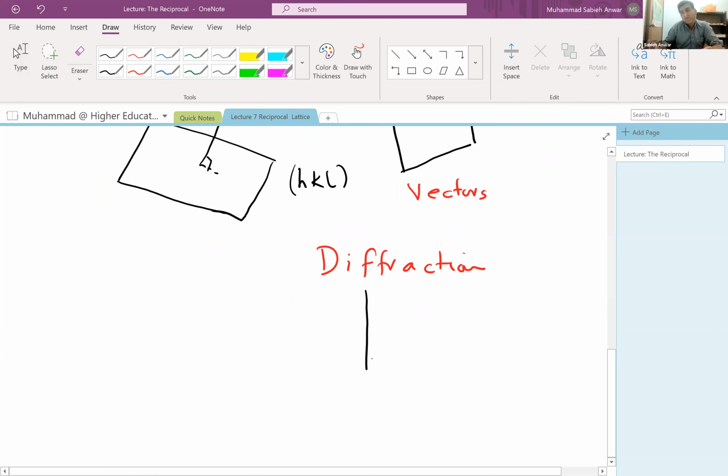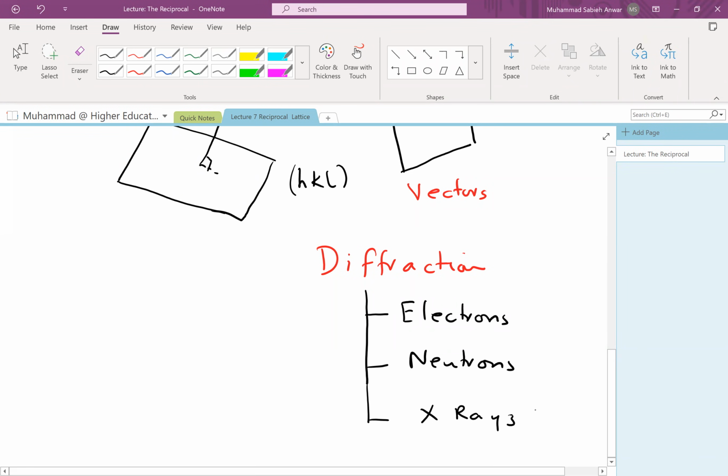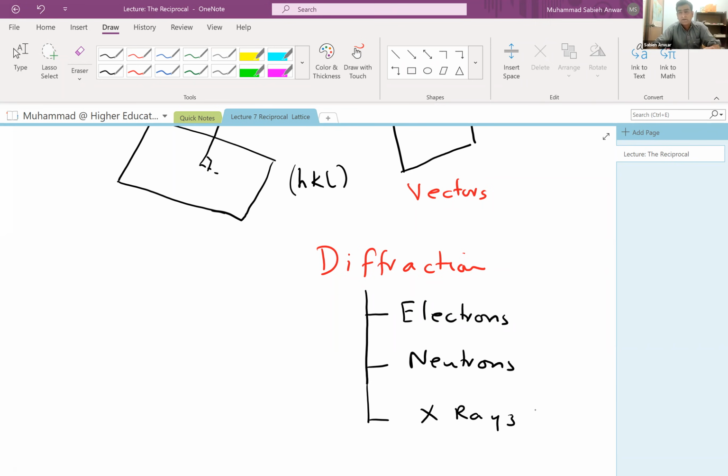We can diffract with different kinds of particles or waves: with electrons, with neutrons, and with X-rays. And we need an explanation of how these particles or waves or fields interact with the crystalline structure, which is periodic, which has a high degree of symmetry perhaps. So we would like to use this concept of the reciprocal lattice in order to describe diffraction patterns.